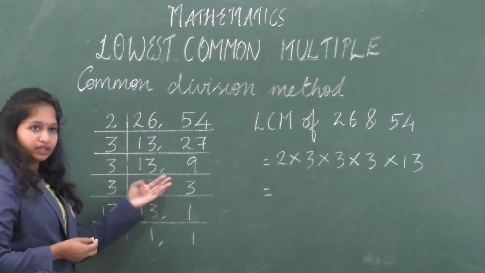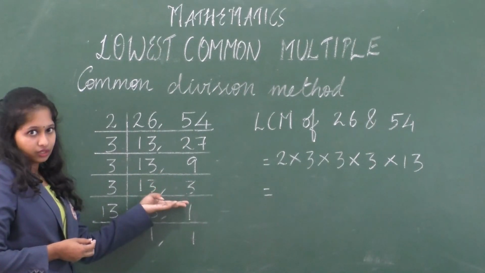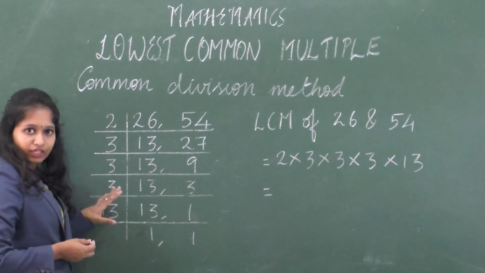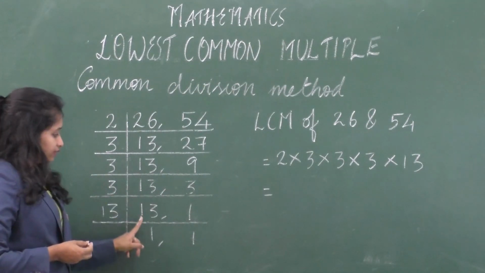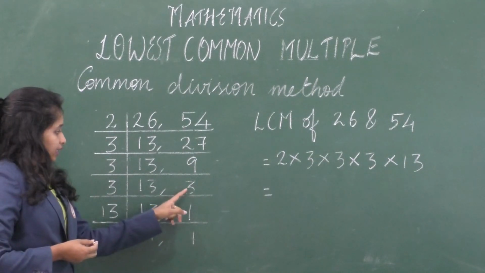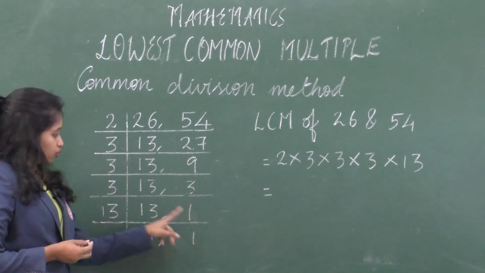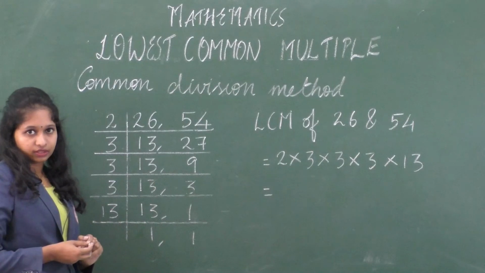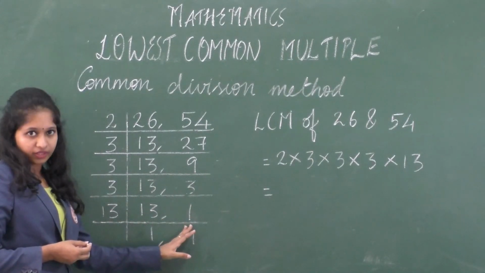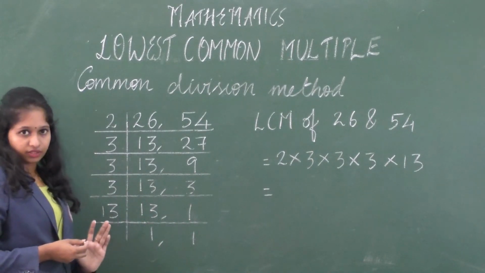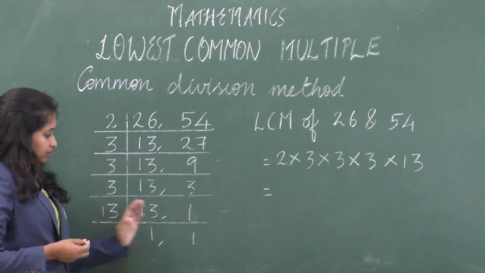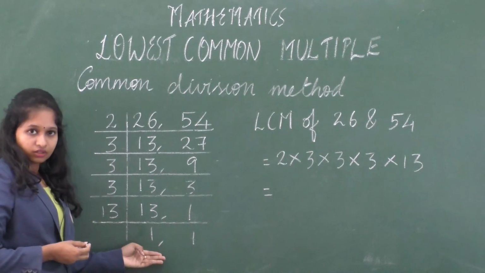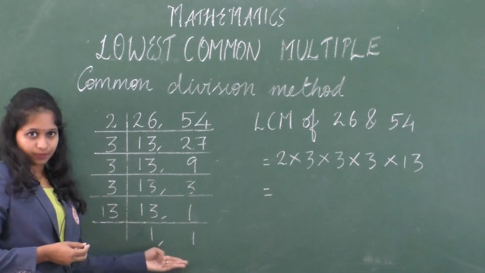Again 13 and 3. Both are prime numbers. So take any of the numbers. I am taking 3 first. Write 13 as it is. And how many times? 3. 1 3 is 3. Now I have got 1 here. Now look at 13. 13 is 13. Now I have got 1 in the last step.